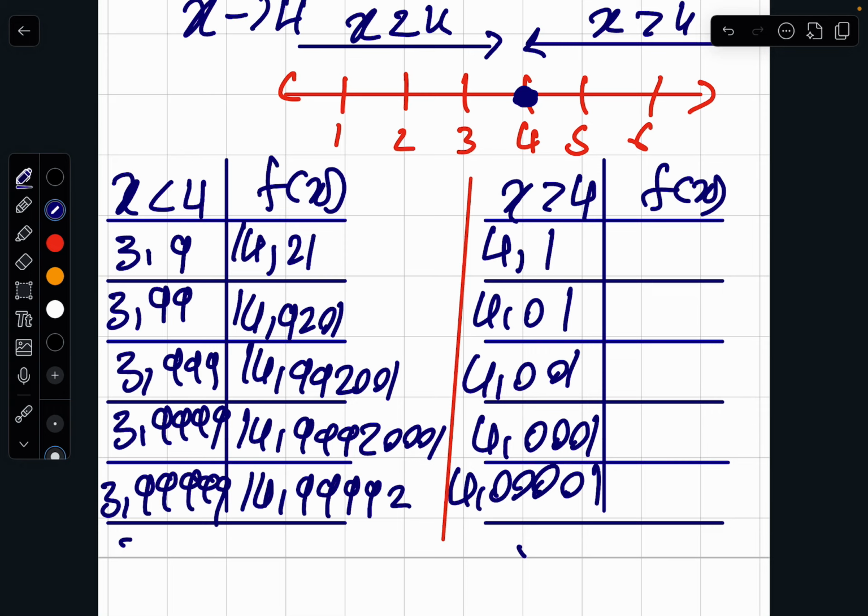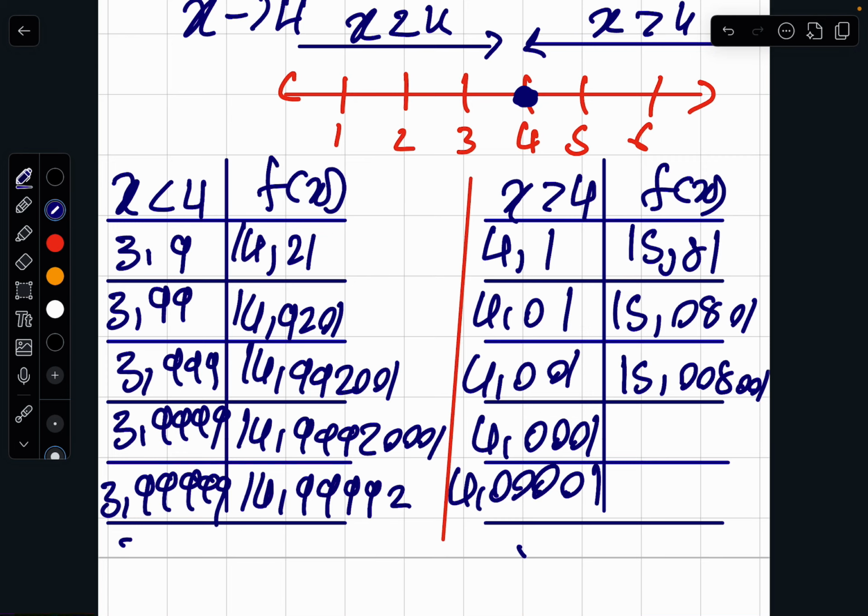So now let's approach 4 from the right. We substitute 4.1 all squared minus 1. Therefore you're going to have 15.81. Another one is what? 15.0801. Another one is what? 15.008001.